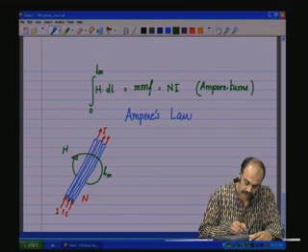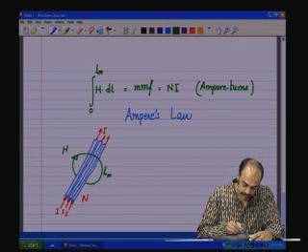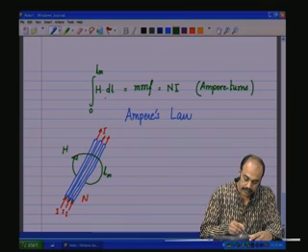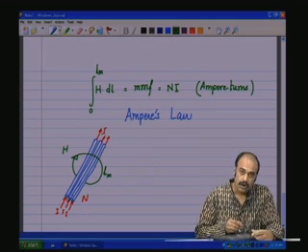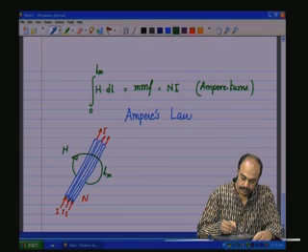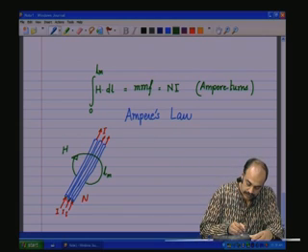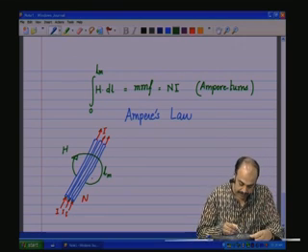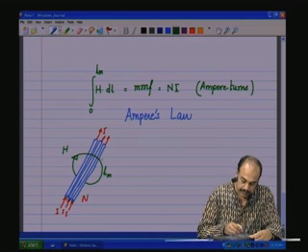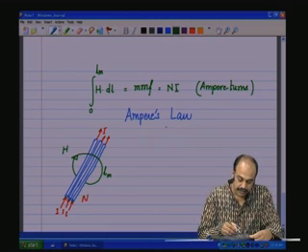So, if you integrate H around the path, then that is going to give you N into I, ampere turns, or the magnetomotive force. If N is 1, then the integral of the magnetic field intensity around the path length is going to give you the current I. Now, this is the implication of Ampere's law.